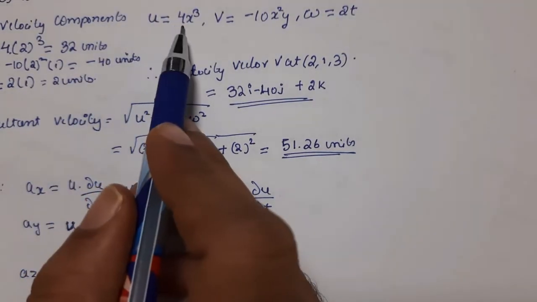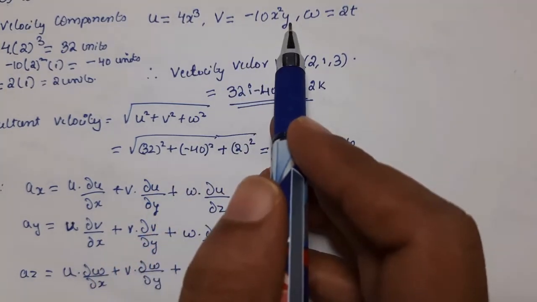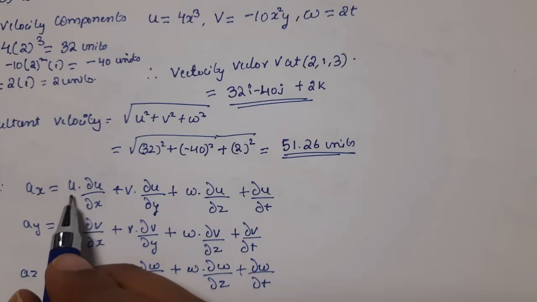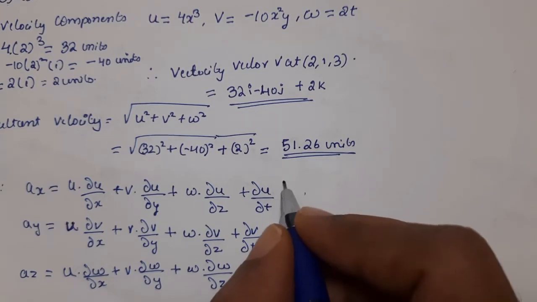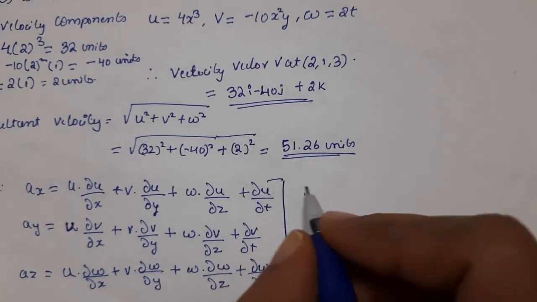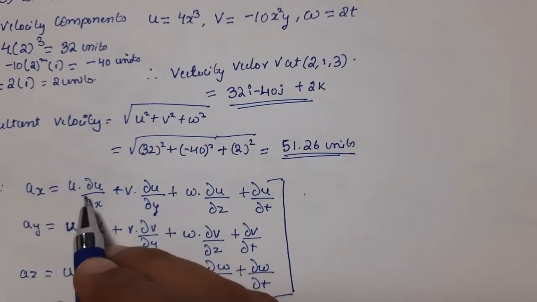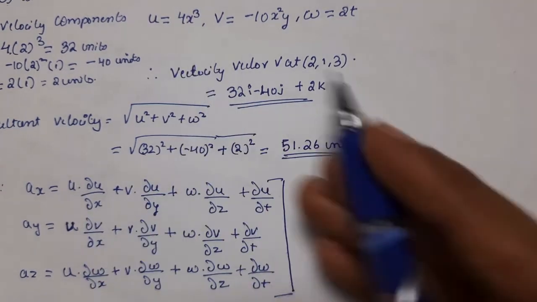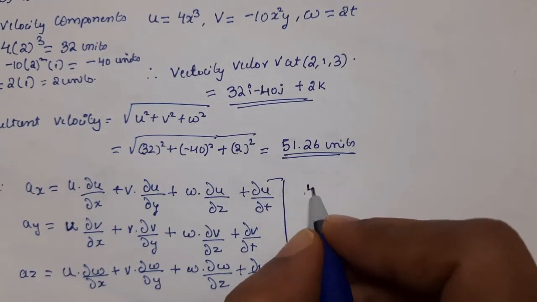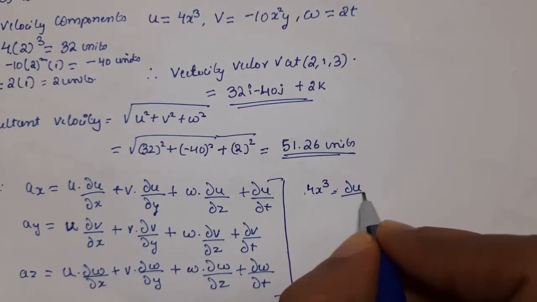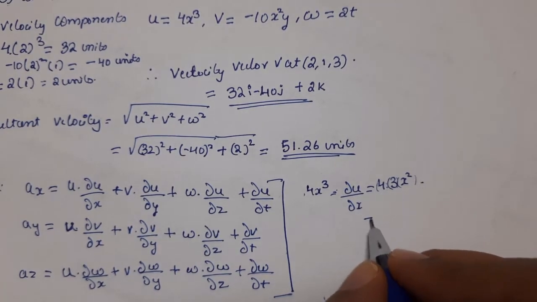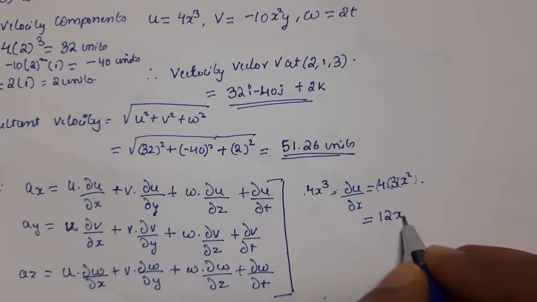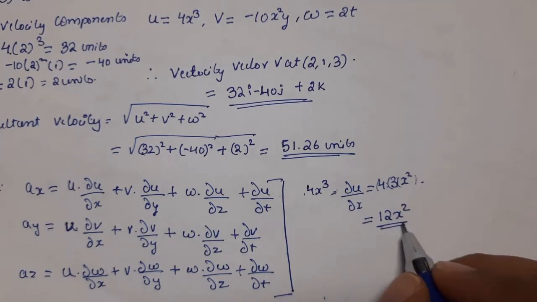Now we know that u is equal to 4x³, v is equal to −10x²y, and w is equal to 2t. Now here you know the value of u. When you differentiate 4x³, ∂u/∂x is nothing but 4 into 3 into x square, so we get 12x². So ∂u/∂x is 12x².